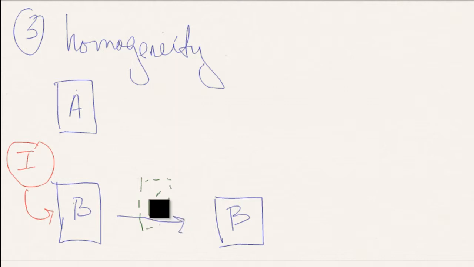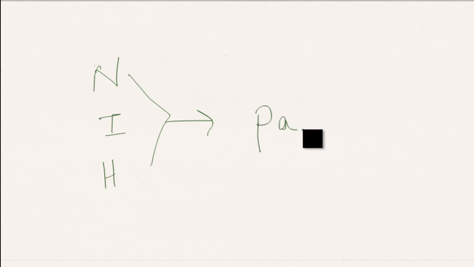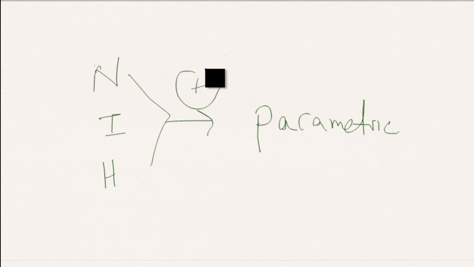So we want to see some sort of a similar effect, a homogeneous effect on all of the people in Group B. It doesn't mean that they all will benefit in the same way by having this intervention, because some of them may have started off in worse shape than others in this group, but that they all get a similar magnitude of benefit. So if you have these three assumptions met, normalcy, independence, and homogeneity, you can then use parametric testing. And of course, if you don't have any of these, then you're going down the non-parametric route.